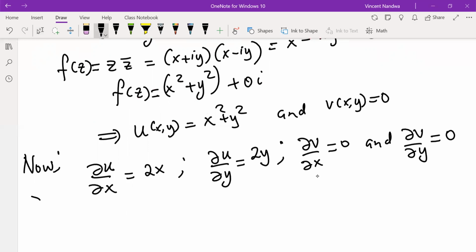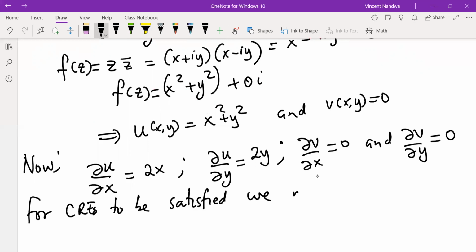Now, for the Cauchy-Riemann equations to be satisfied, we need partial u, partial x to be partial v, partial y.